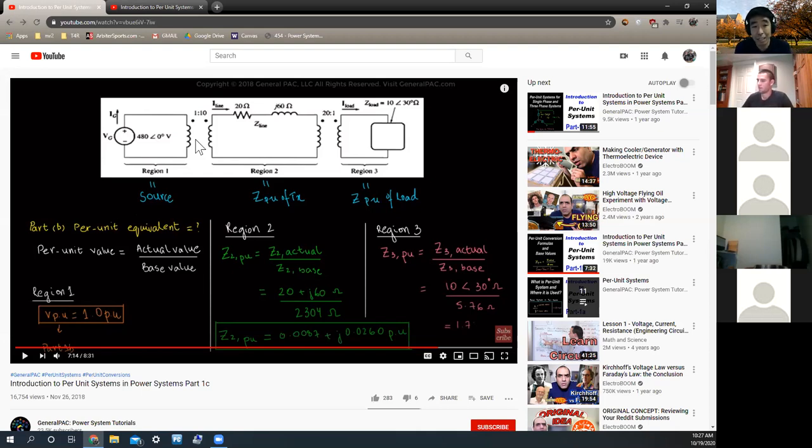Looking at these line values, I suspect if these are practical numbers, the line is pretty long. Twenty ohms is not small, it's not a short line. So they may have computed the numbers and decided the line is long enough that it would dominate all the other values, so let's ignore the others.